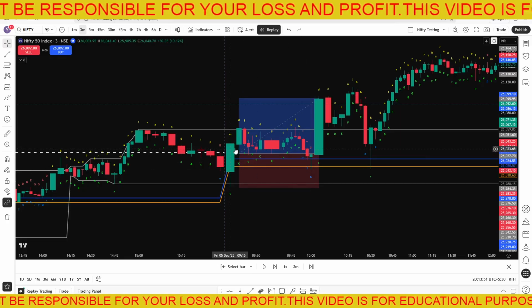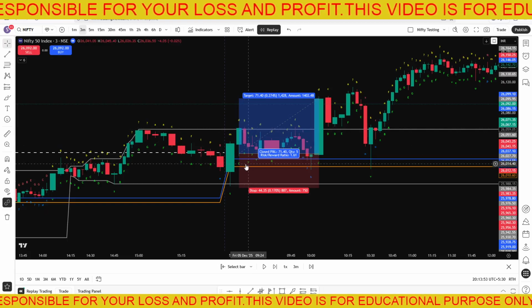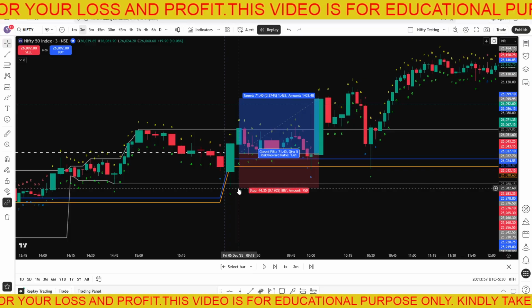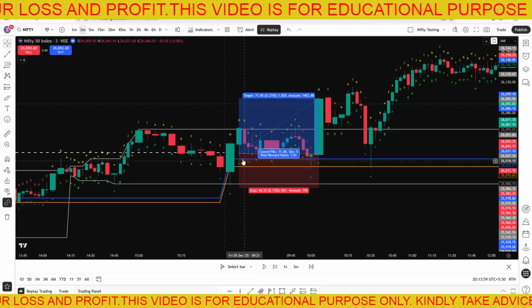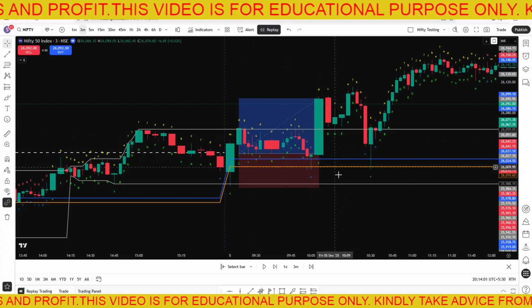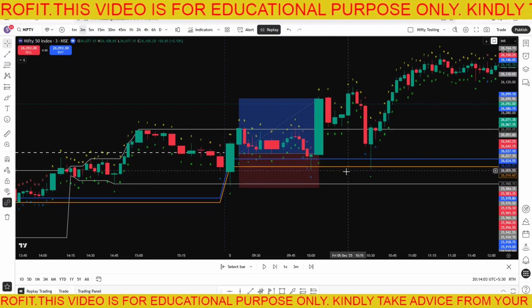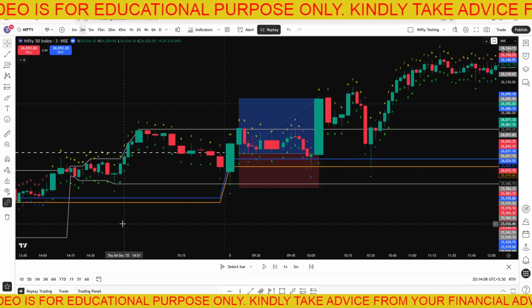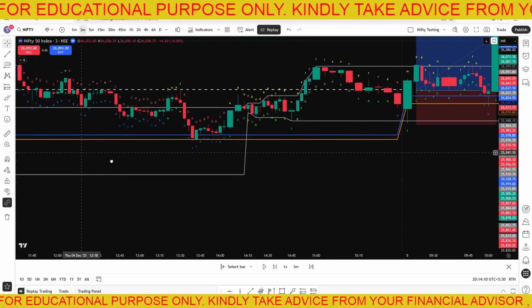Although the target we can have this, the stop loss has not been hit, we were not stopped out, right? We can re-enter at these positions as well. So yeah, it is working very beautifully, right? No need to change any rule or something, right?